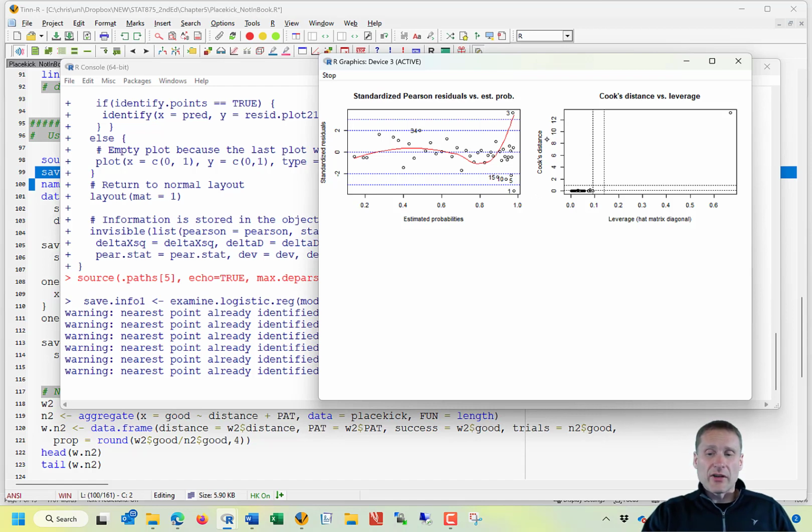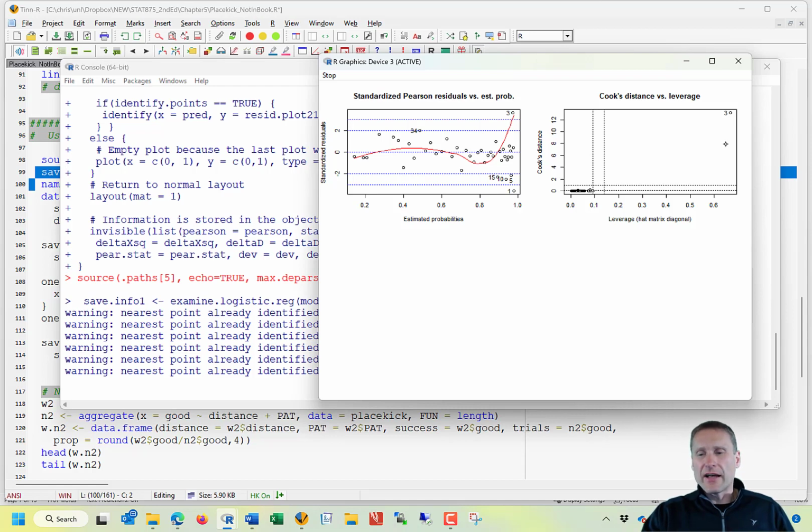The next plot is the Cook's distance plotted against the hat matrix diagonal value. Notice we have some dashed lines corresponding to the recommendations that were given in the notes for finding observations that may be of concern. If I come over here, we can see one that is way different from the rest.